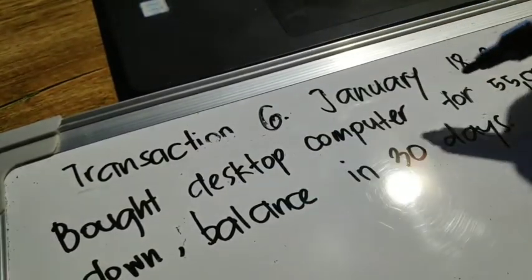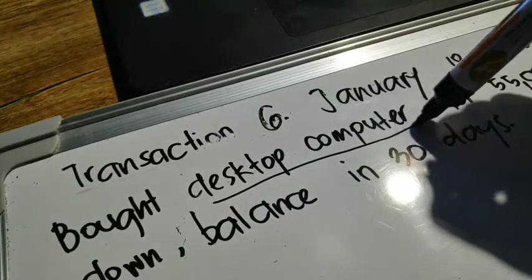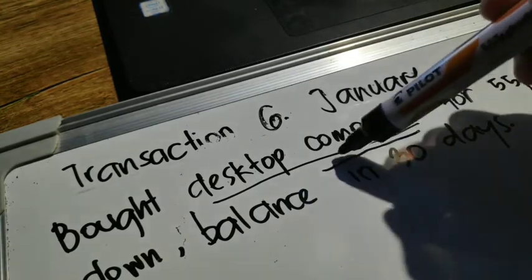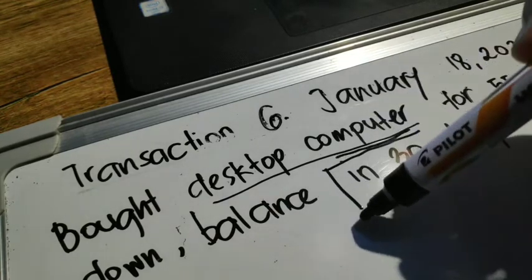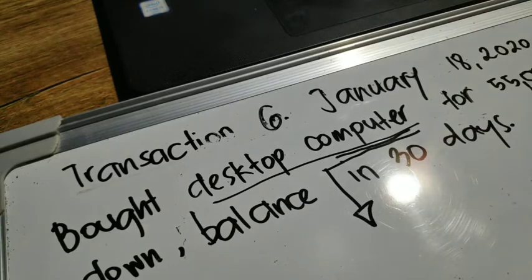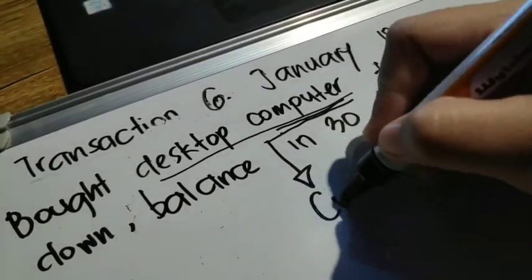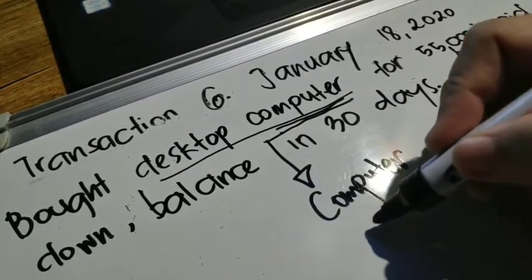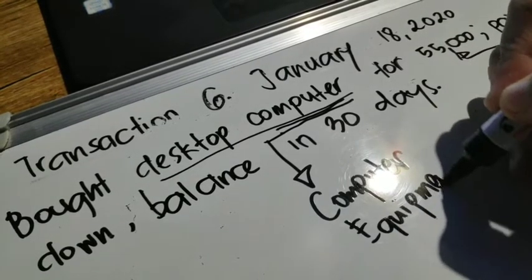So, bought desktop computer, it means that you are acquiring an equipment. Okay. For this one, in naming an equipment or a property, plant, and equipment, you directly use the general term or the general name, which is the computer. So you will write computer, or you will use this account title, computer equipment. Okay.